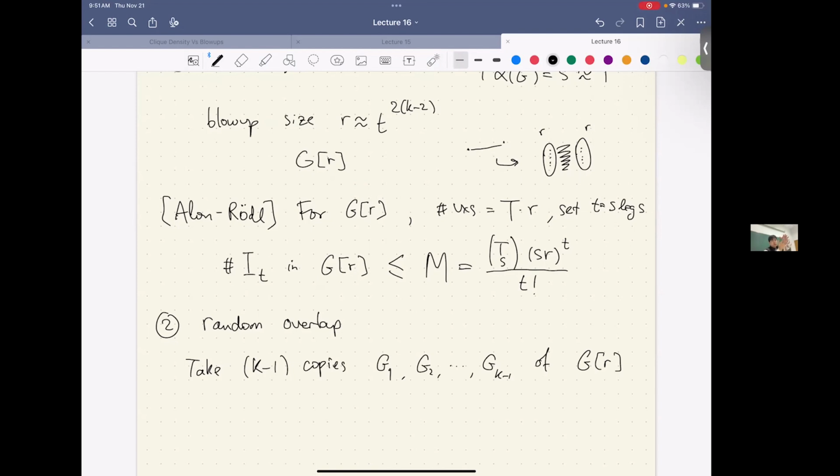In other words, you have G1 here, right? Now your G2, you randomly permute the vertices, put it on top of G1. G3, randomly permute its vertices, put it on top of the previous two, and so on and so forth. You take the union of their edge sets.